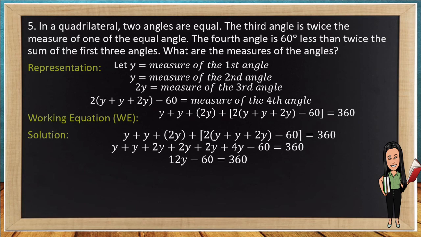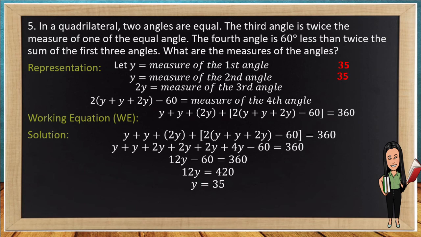Magiging 12y equal to 360 plus 60, which is 420. Divide both sides by 12. Y is 35. So, ngayon, yung 35, yun yung measure ng unang angle, which is also the measure of the second angle, dahil equal sila.